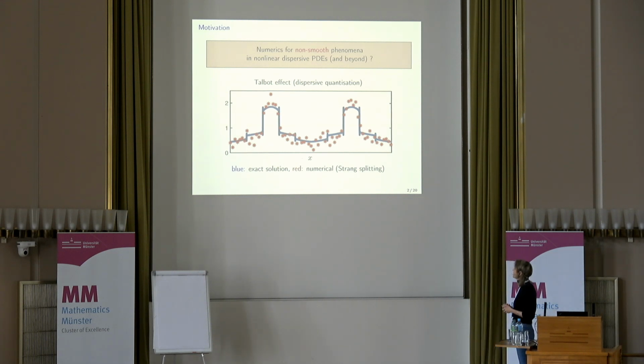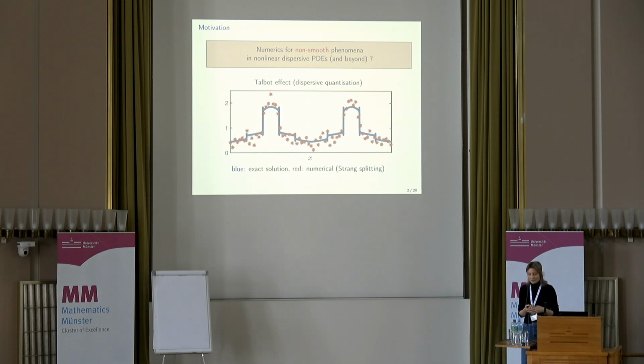This, however, drastically changes when we look at rough data. So for instance, here we see a numerical simulation of the so-called Talbot effect. So this is some nonlinear dispersive quantization. And what happens is the following. You have a step function initial value, and you solve the cubic Schrödinger equation, and you look at what happens as time evolves.